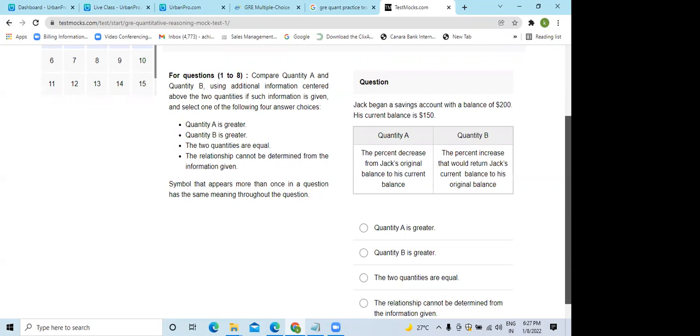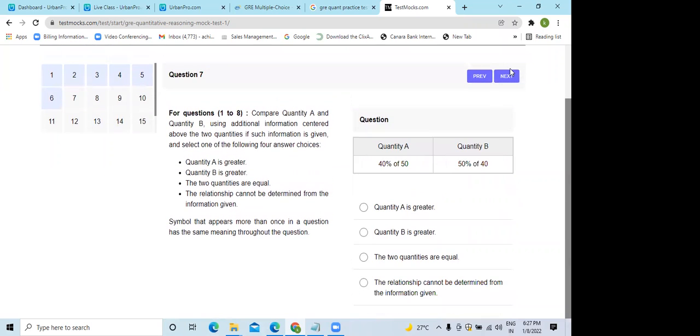Now the original base has become 150. Please remember that. Earlier the base was 200. So when the base changes, be a little bit careful. This is a mistake that you make. So do you want me to tick B or C? The two quantities are equal, sir. Let's check it out. No problem, I'll explain it to you. It is wrong actually, I'll tell you why. Okay, fine. Next.